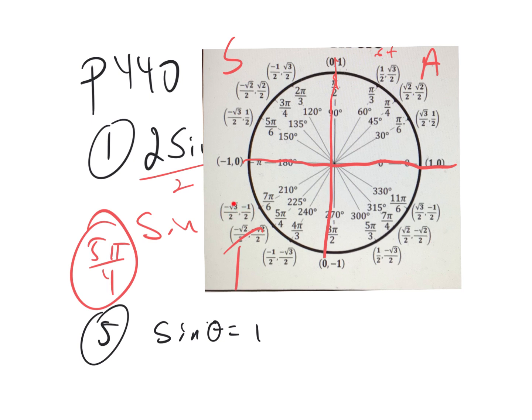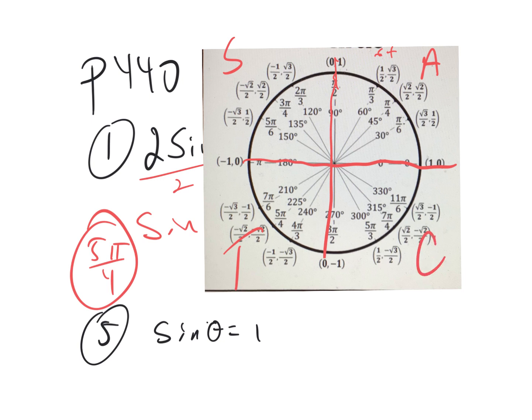So cosine's negative, sine's negative, but opposite divided by adjacent, or y divided by x, is positive. That's why the tangent and the cotangent are positive. And in the last quadrant, the x's are positive, so the cosine and secant are positive.